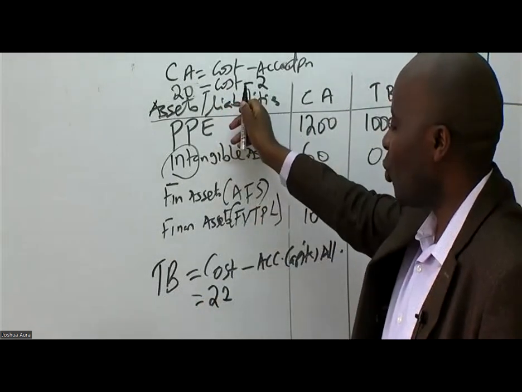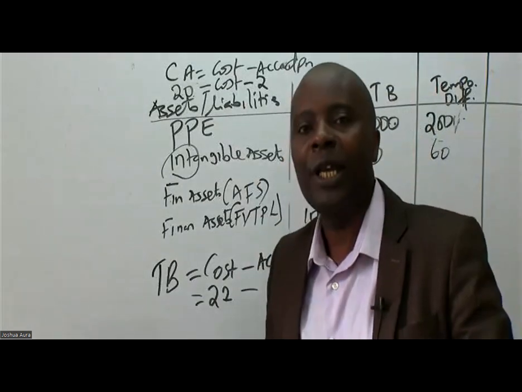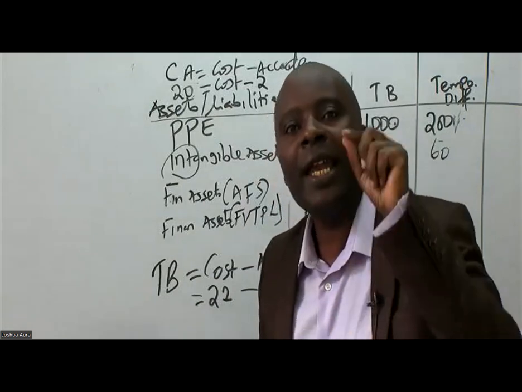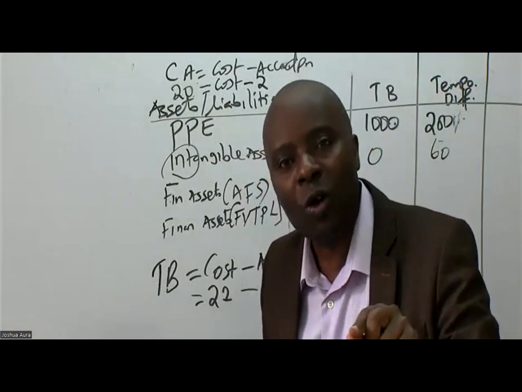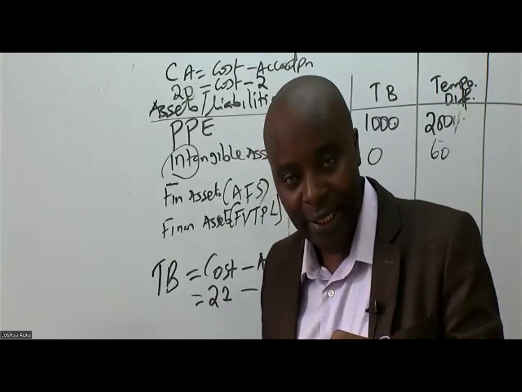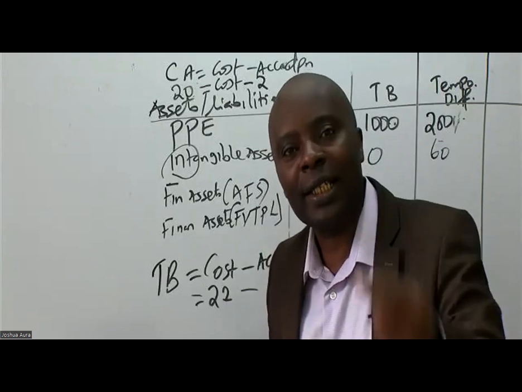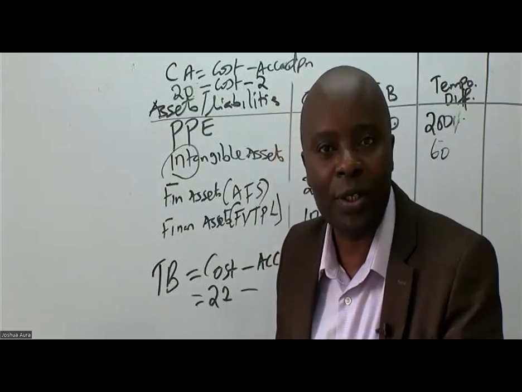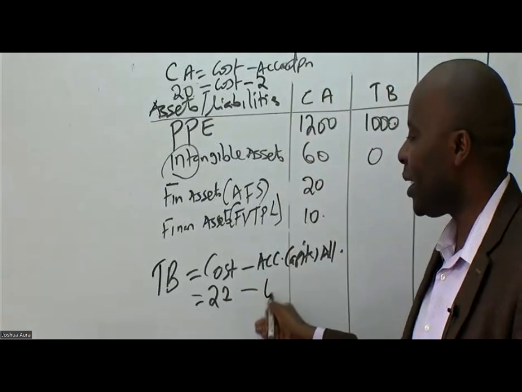We have not been given any information pertaining to any capital allowance for these financial assets. There is no place they're telling us that the taxman has given this capital allowance. So the better thing to do is to assume that the capital allowance is 0.